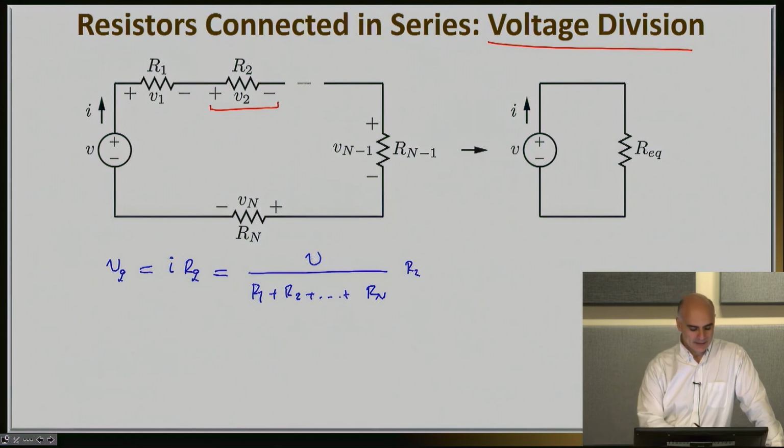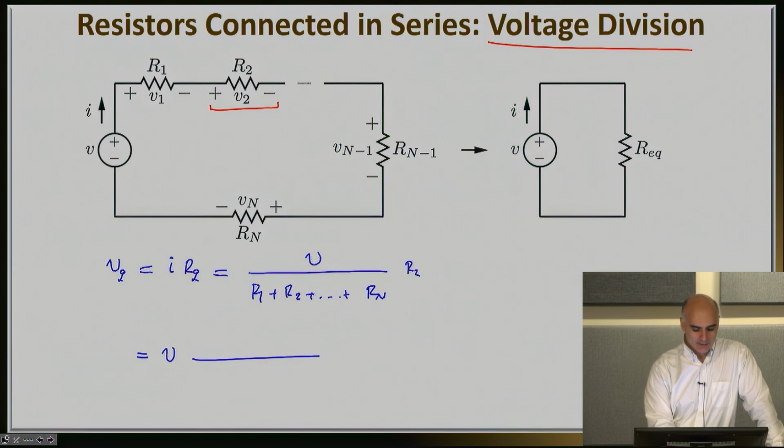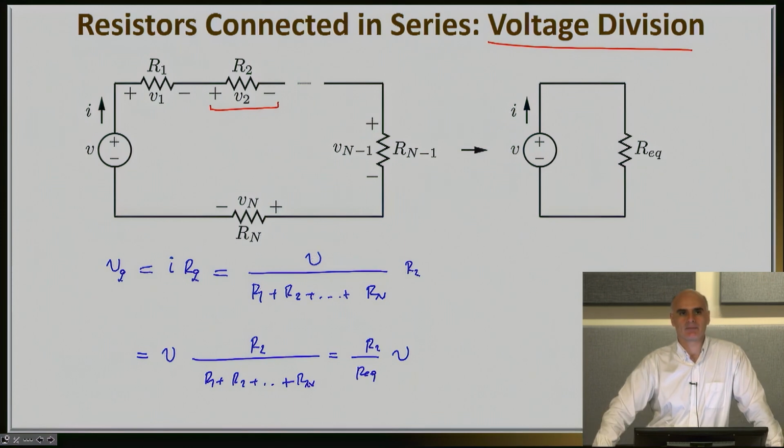Or if I write this slightly differently, this is going to be equal to V times a fraction, which is R2 over R1 plus R2 plus Rn, or R2 over Req times V.